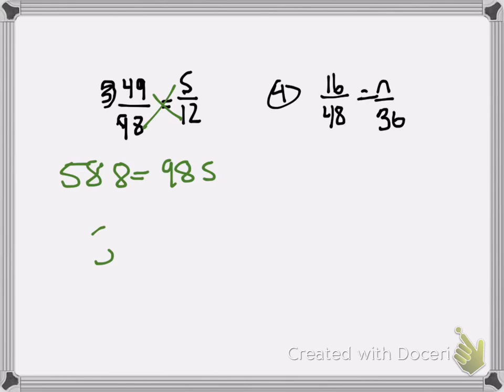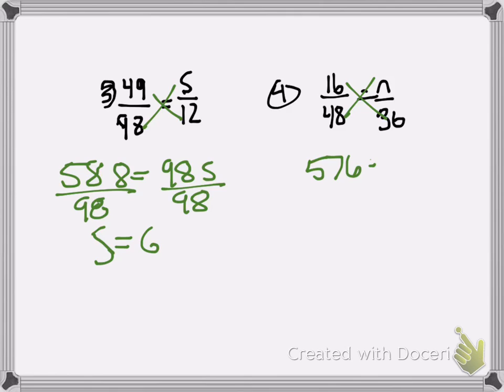I get s equals 6. Okay. This one over here, 16 times 36, we get 576 equals 48n. We can then divide by 48. We get n equals 12.